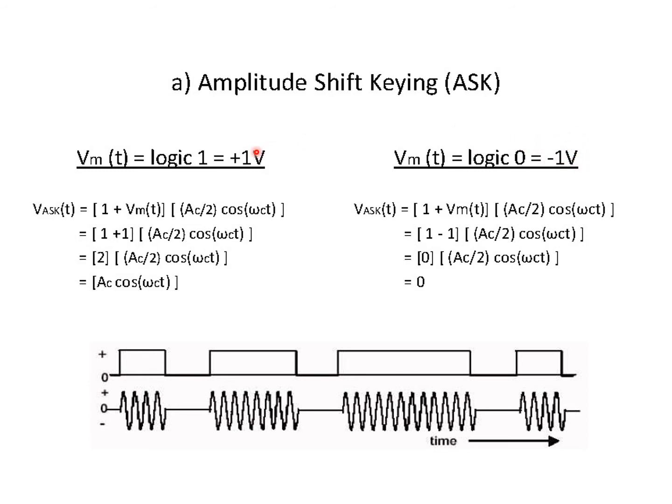If it is 5 volt, this will be minus 5 volt. Since this is plus 1 volt, we have represented this as minus 1 volt. The signal can be bipolar or unipolar. If it is a unipolar signal, the positive will be represented by plus 1 volt, and logic 0 will be represented by 0 volt.